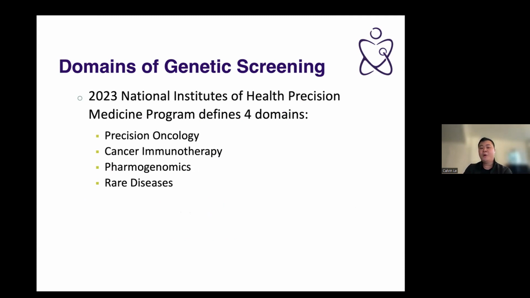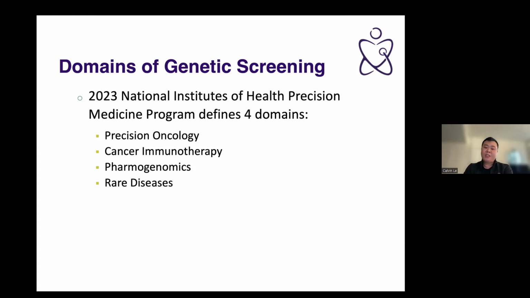NIH defines 4 broad domains where genetic testing can be used in medicine to guide clinical decision making. The first is precision oncology, which relates a lot to cancer screening and hereditary cancer syndromes. Cancer immunotherapy is a second category that relates to whether tumors or other cancers have known molecular targets for therapies.